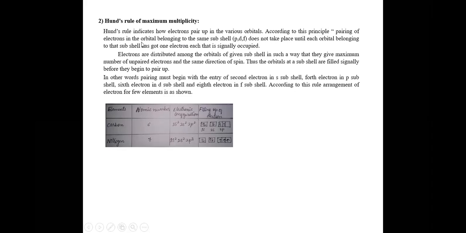What the principle states is that we have to pair the electrons in such a way that until each orbital gets one electron, we should not pair the electron present in the orbital. That is, first we have to fill each orbital with one electron.